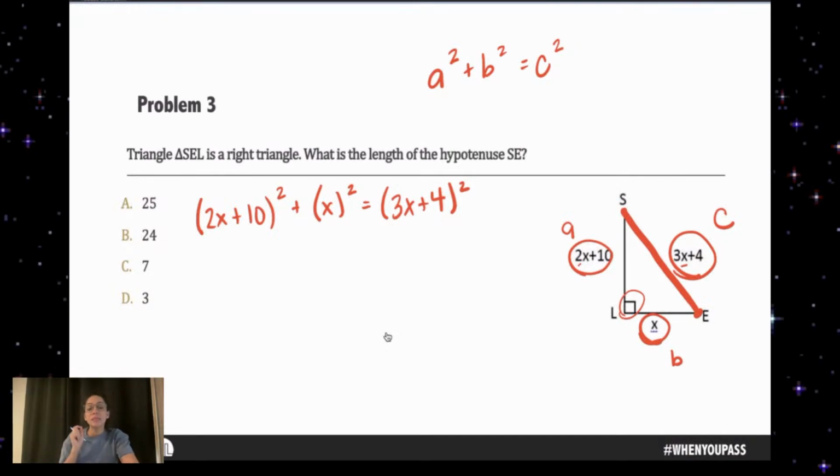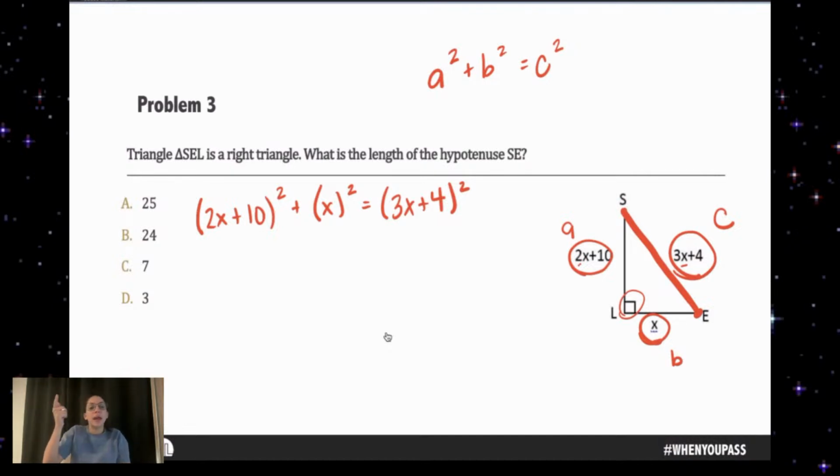Do not make the mistake of distributing your exponent. Exponents cannot be distributed. Think about the core value of what an exponent represents. An exponent represents doing that quantity twice or three times or however many times that exponent represents.